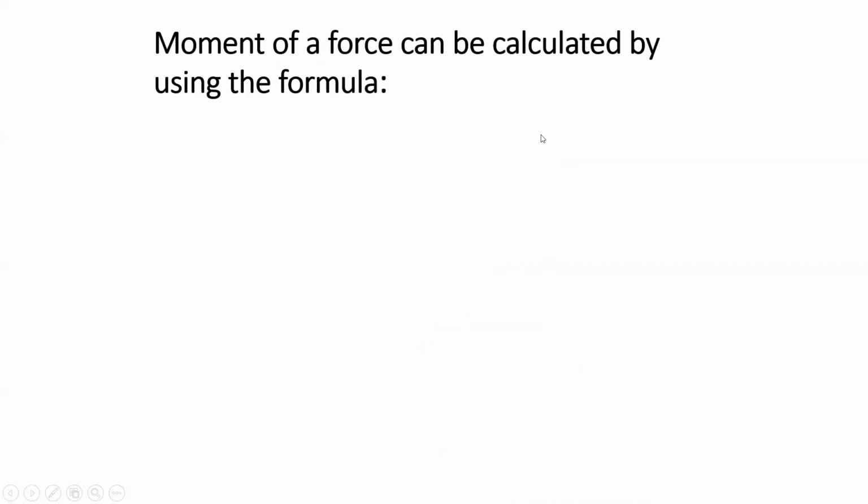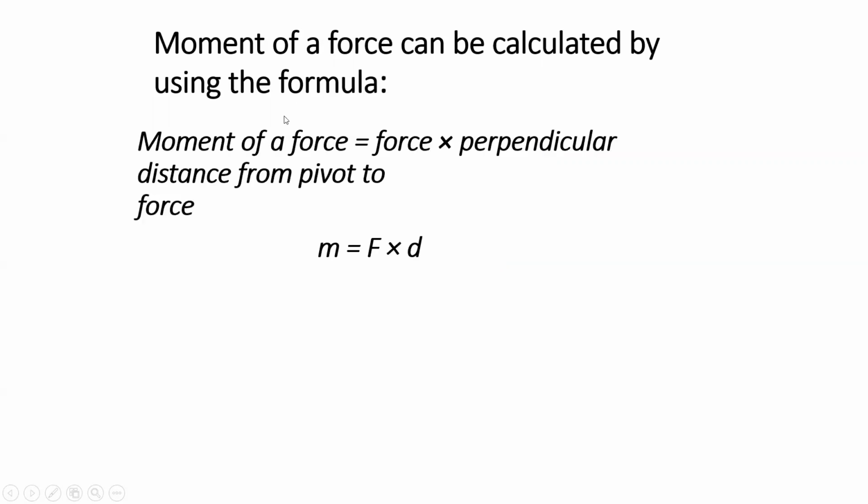But how can a moment be calculated? If we want to calculate a moment or a turning effect, we use a formula: moment is equal to force multiplied by perpendicular distance from the pivot. What does it mean? For example, you have an object which is fixed at one end, and the point where it is fixed is known as the pivot.